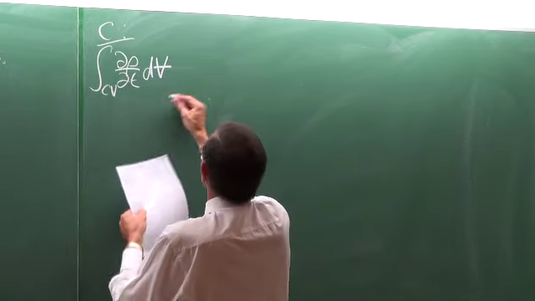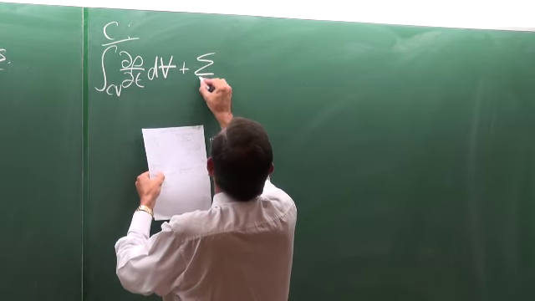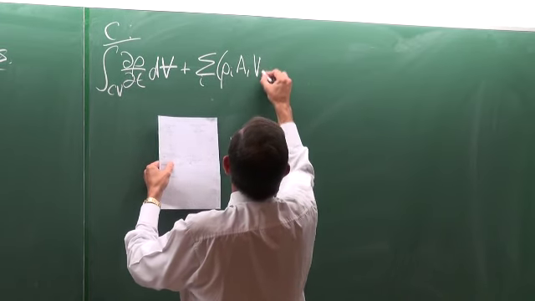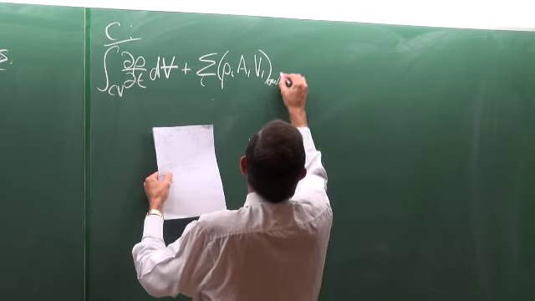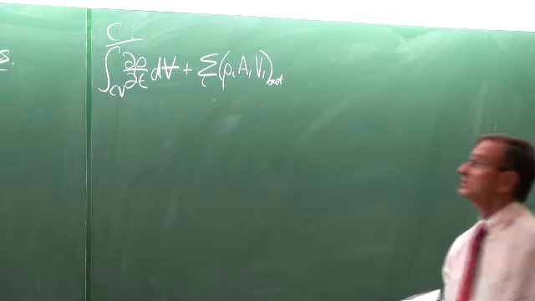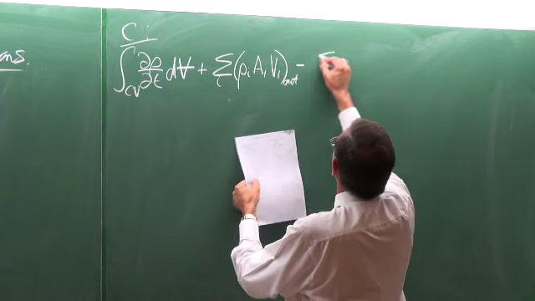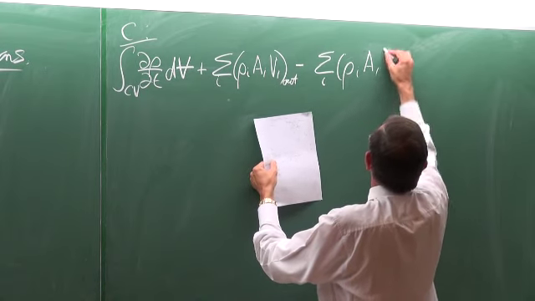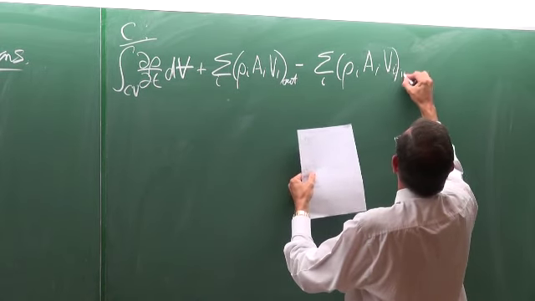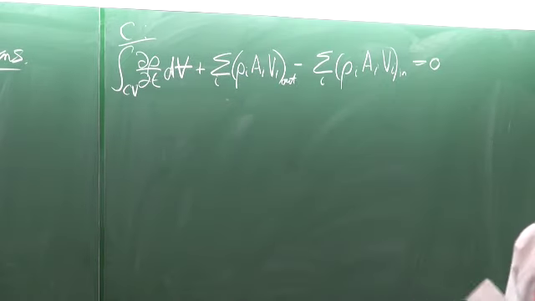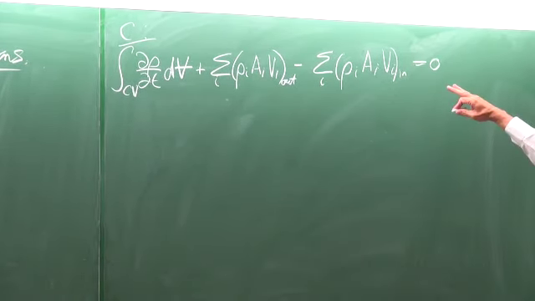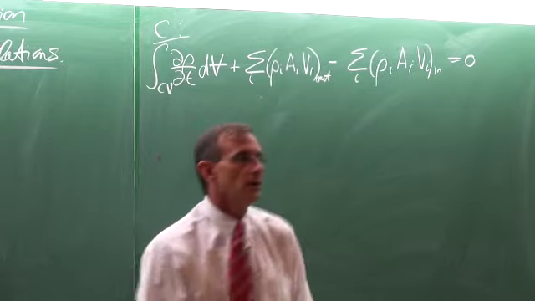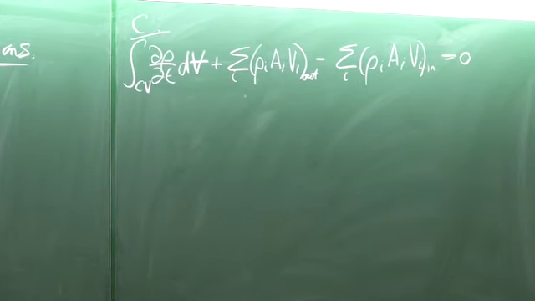Plus the sum of the densities multiplied by the areas multiplied by the velocities, everything going out, minus the sum of the densities, the areas, and the velocities coming in, is equal to 0. That is the one-dimensional continuity equation.